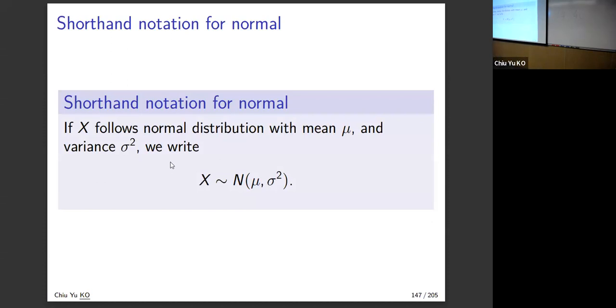We'll write X, this snake, is distributed as, or you can say follows the distribution N, normal, with mean mu and sigma square. You can find this notation in every stats textbook, so just put it here because that will make our life easier, and also you understand what's going on when you read other books.